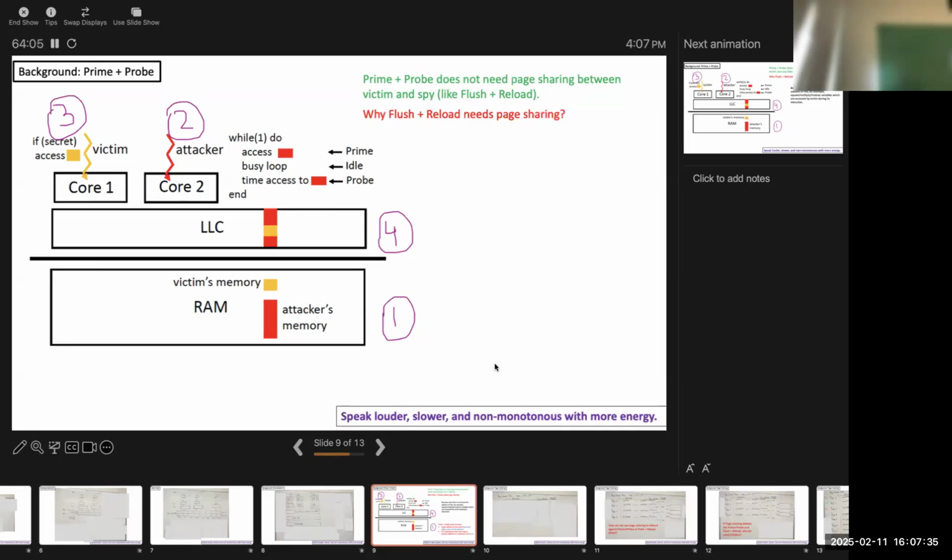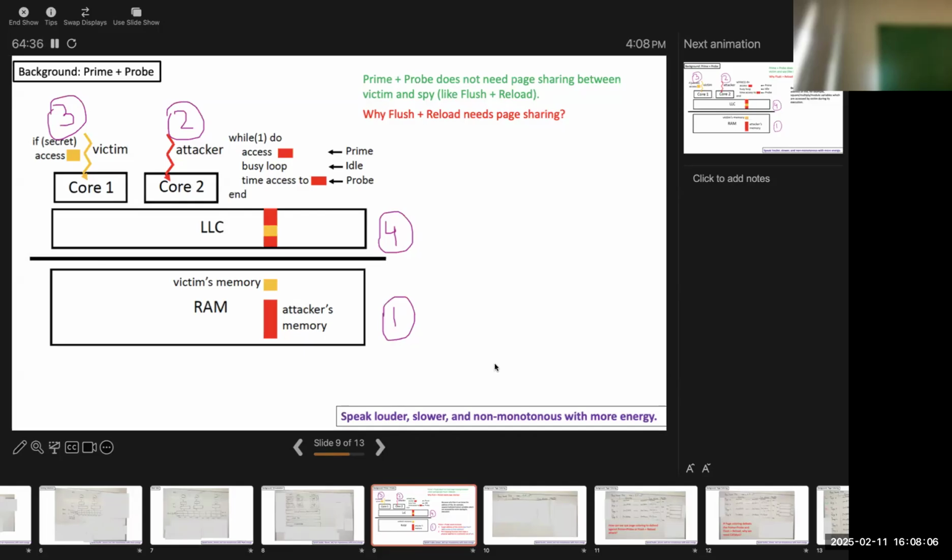Okay, why does flush plus reload need page sharing? Well, you know it, right? After reading the previous paper. But why is page sharing needed? It's getting that information from the same page where the functions are running. So they're sharing the data, and the attacker is able to infer those time differences.